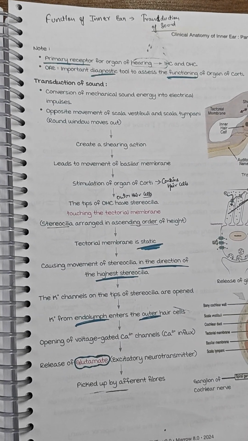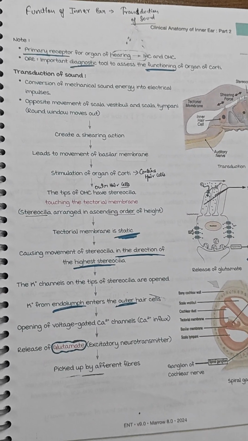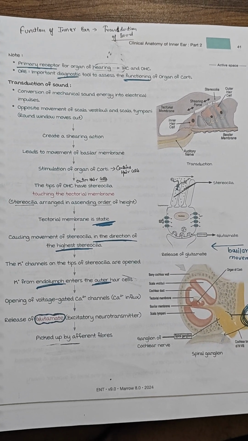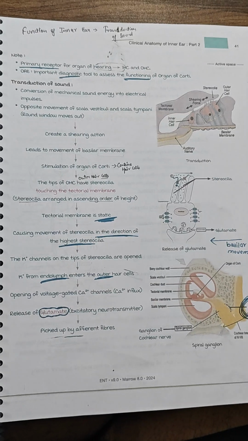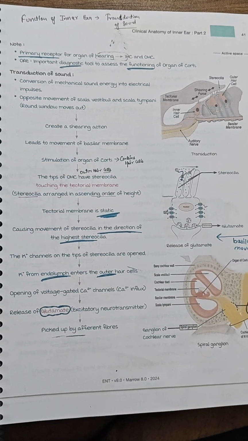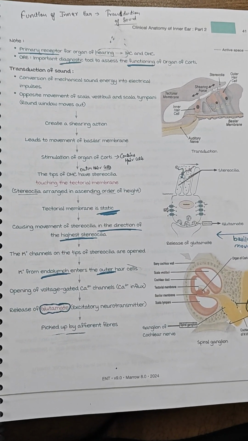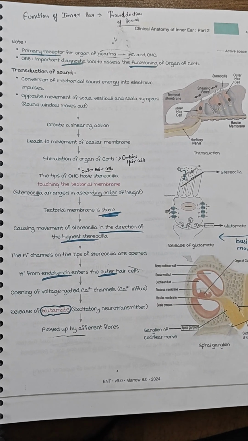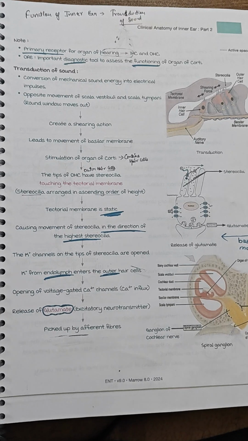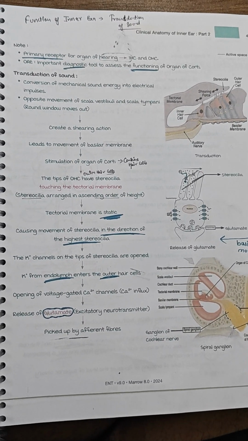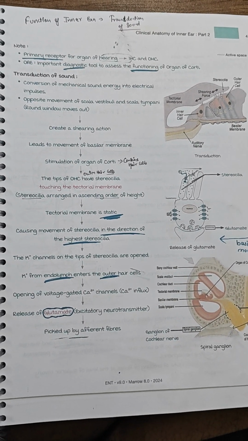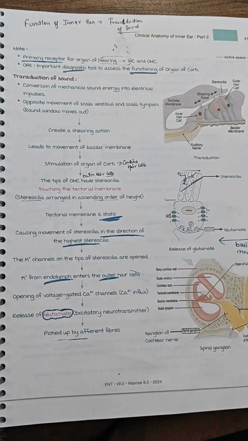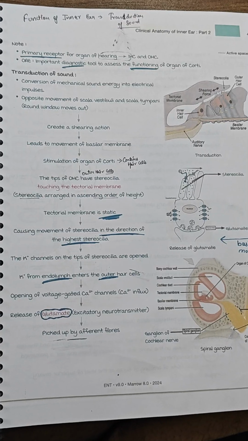Now we will see how the transduction of sound occurs. First, there is the opposite movement of the scala vestibuli and the scala tympani, which creates a shearing action that leads to the movement of the basilar membrane, which leads to the stimulation of the organ of Corti, which contains the hair cells. The outer hair cells have stereocilia touching the tectorial membrane, and the tectorial membrane, being static, causes the movement of the stereocilia in the direction of the tallest stereocilia.